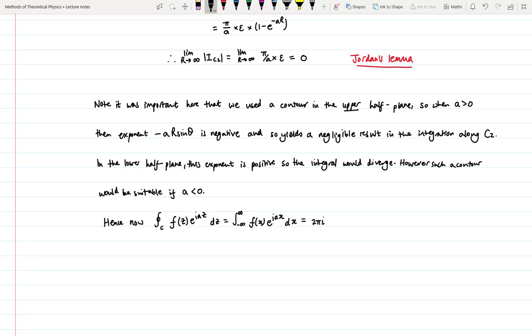And as usual, we can evaluate the complex integral using the residue theorem. So this would be summing all of the residues of our function at the poles z k. And the requirement was that our function tend to 0 as r tends to infinity. And this is our result for integrals with complex exponentials.